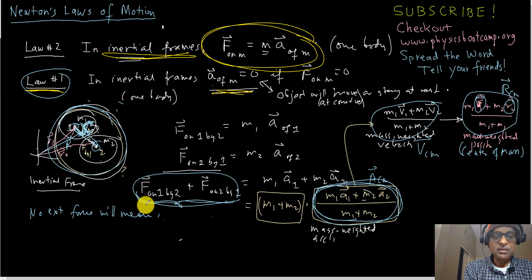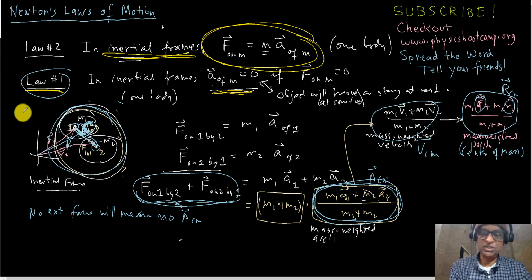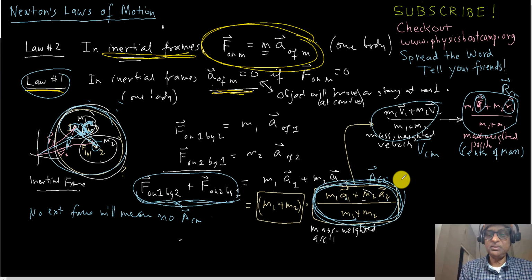So no acceleration of A1 or A2, so no acceleration of A center of mass, right? So there's no A1, no A2, no outside forces. Then this combination of the accelerations will be zero, no A CM. That will mean when I add these two, it should be zero, no net force.